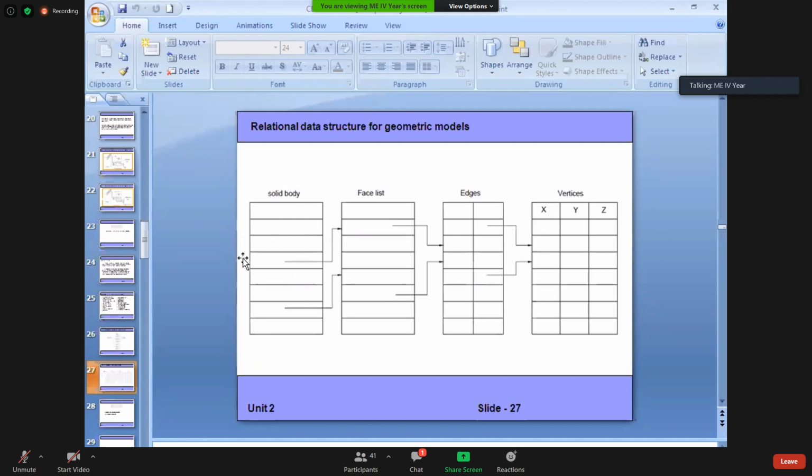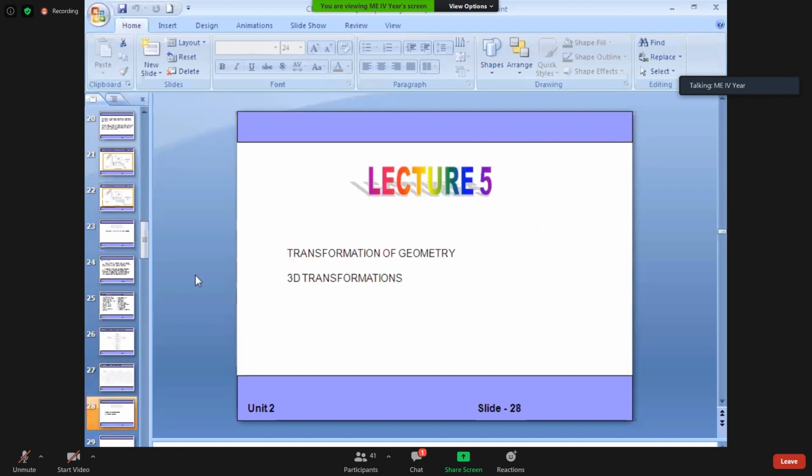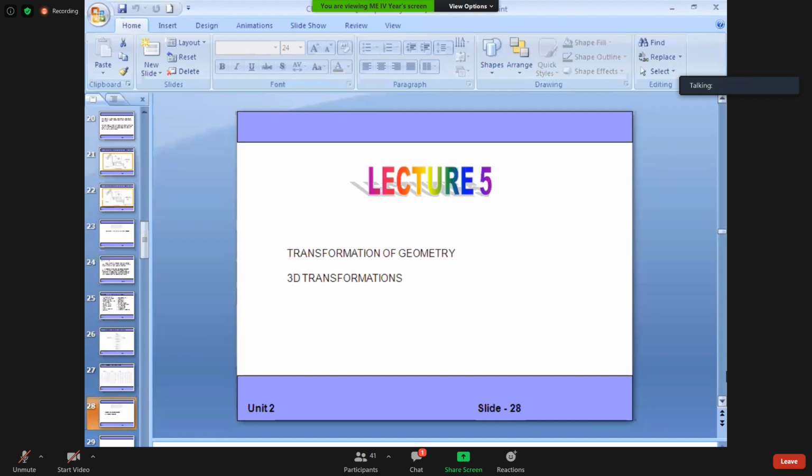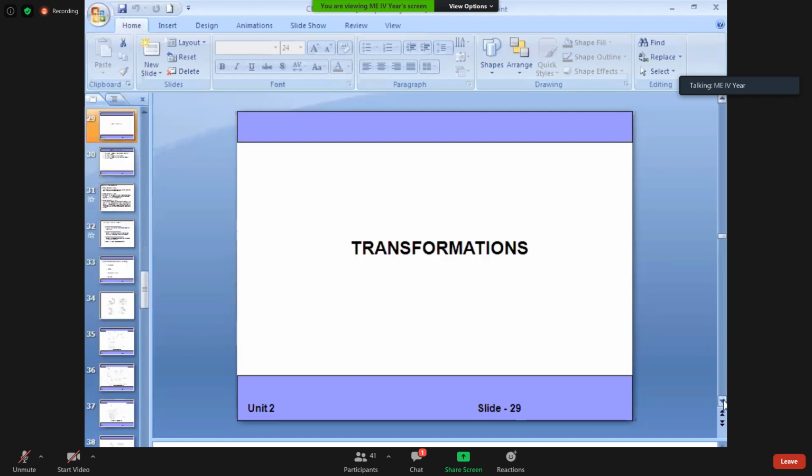When you really develop such software mixing mechanical and CSE, then only you will get the output. Not only that, you can take any civil branch, or the example of EC and EEE also. There are many softwares. Next, coming to transformations, it will take some time, so we'll come across transformations in the next class.